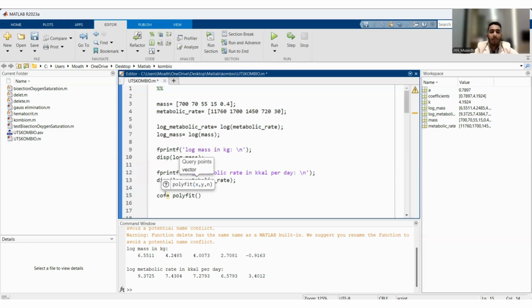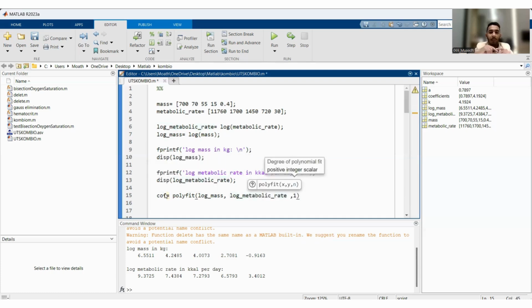So for this function we add the log mass and the log rate, and one, which means it's only one line.